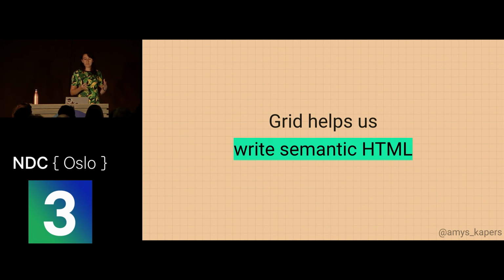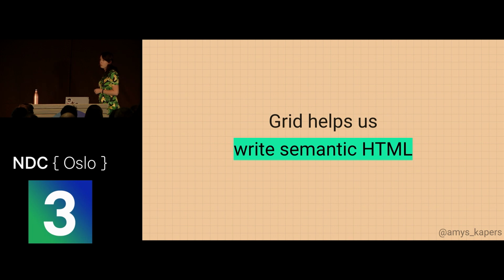We can write it based on the logical flow of the document and let CSS rearrange it visually where needed. When this is done right, it means that our content can be more accessible to anybody who's using reader mode, saving an article for later, or using a screen reader or assistive technology.